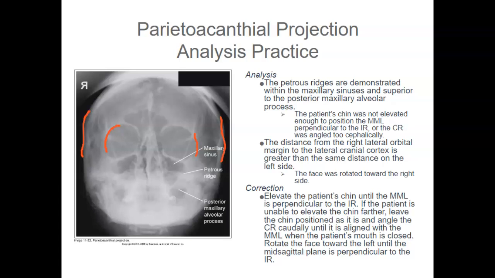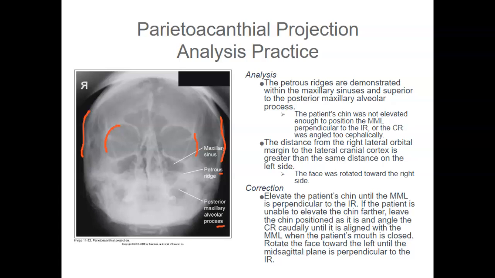Now we need to determine if our MML is perpendicular with the IR. So now we're going to take a look at the petrous ridges here and the relationship to the posterior maxillary alveolar processes.